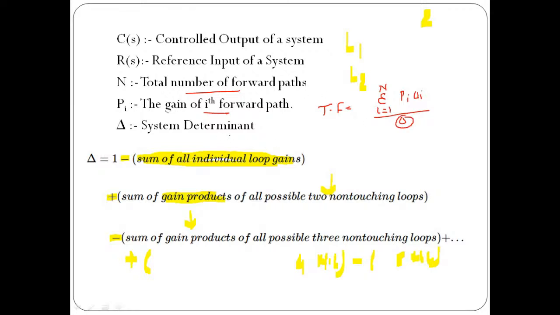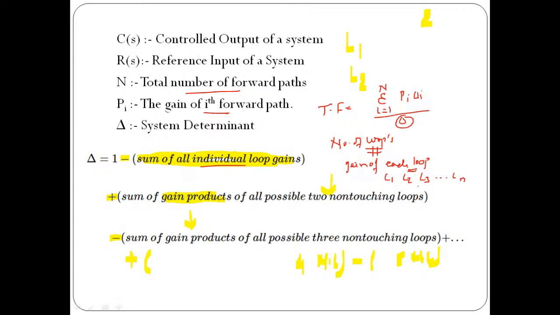And how to calculate the system determinant? This is the formula for that: 1 minus the summation of all individual loop gains. That means first of all we need to identify how many loops there are. The number of loops is very important, and then we need to calculate the gain of each loop, which is again very important: L1, L2, L3 and so on up to Ln or Lk.